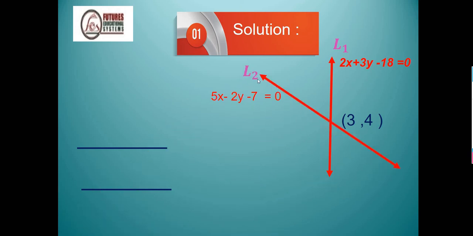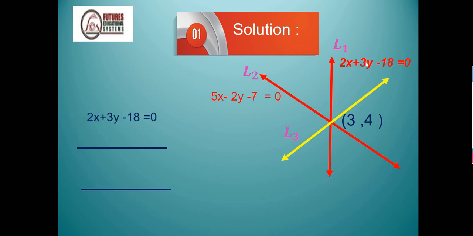And the equation of the straight line L2 is 5x minus 2y minus 1 equals 0. Required: to find the equation of the straight line L3 passing through the point of intersection between them and a point on it.